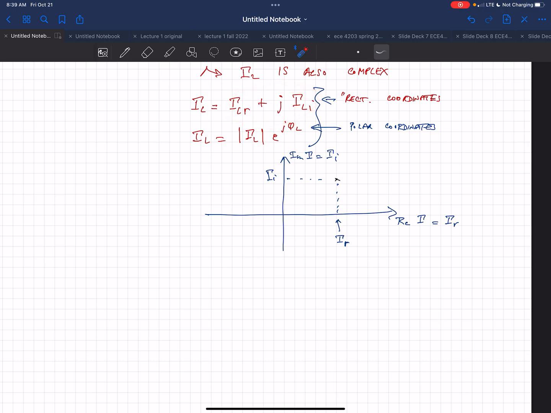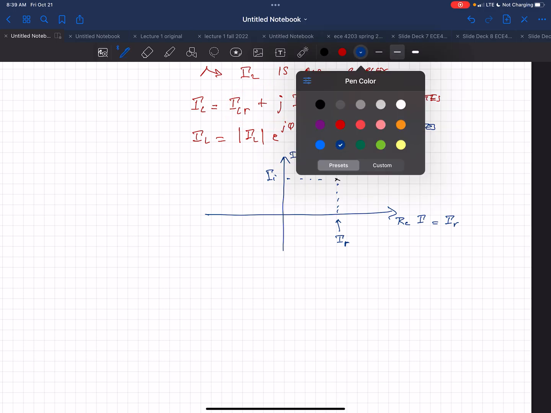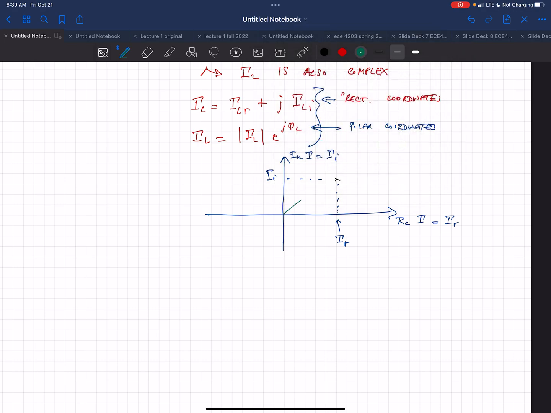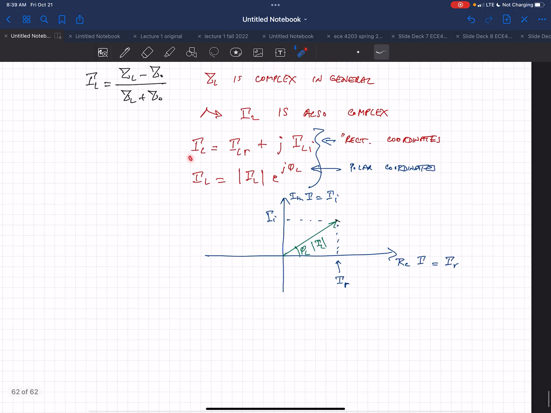Or I can draw a vector from the origin, and say the amplitude is gamma sub L and there's a phase of phi sub L. That would be writing it like this. So it's defining the same point in the complex plane; I can write it either in rectangular coordinates or in polar coordinates.